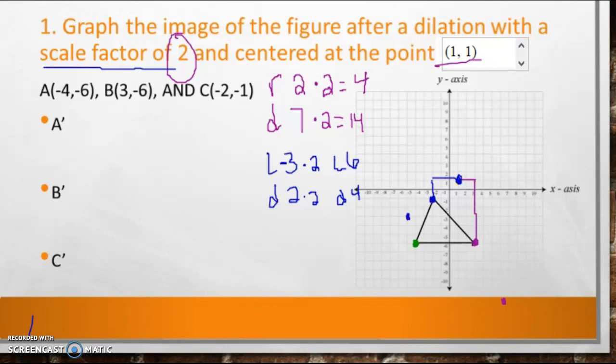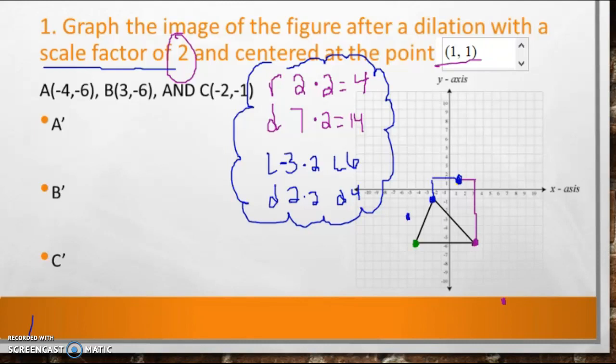And let me go ahead and say that all of this right here is chicken scratch. None of that is your answer. It's just scratch work to help me get my new point. Literally scratch work, chicken scratch out to the side.